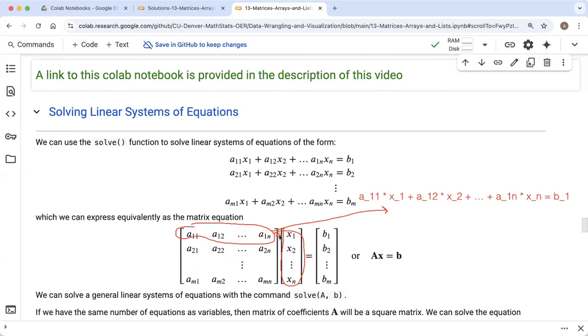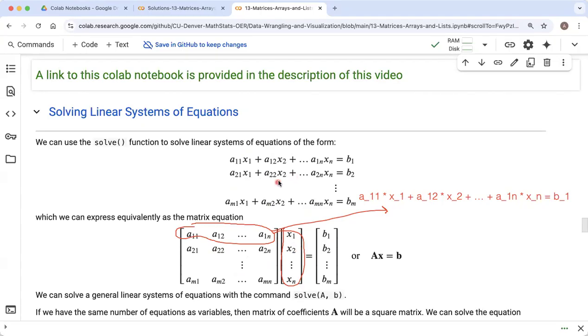And when I multiply this row and that column, we would have a11 times x1 plus a12 times x2 all the way up to a1n times xn. And then we set all of that equal to b1. And we do something similar for every other row, and that gives us a system of equations such as the one that we had above.